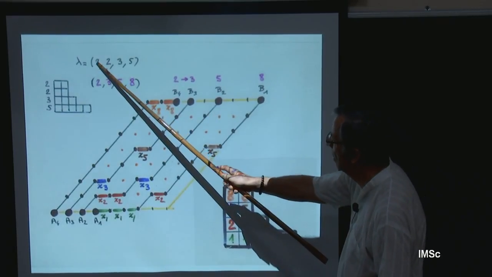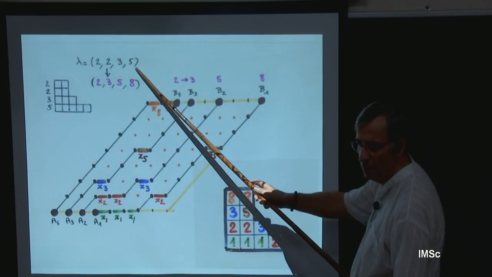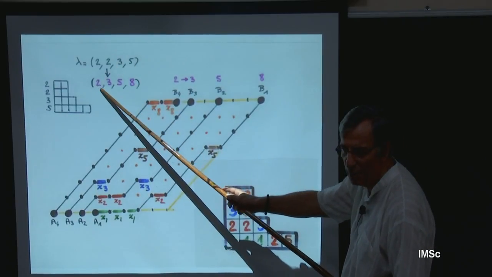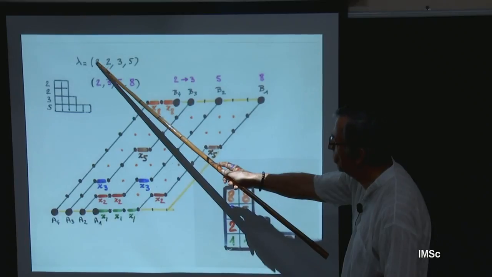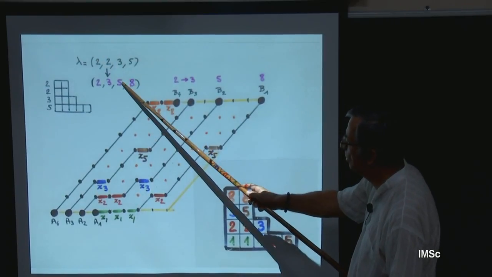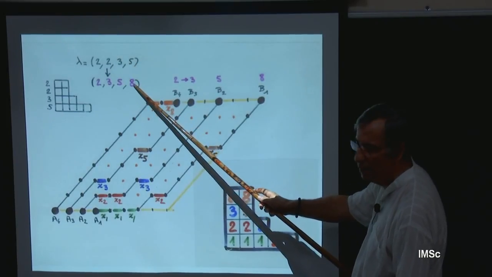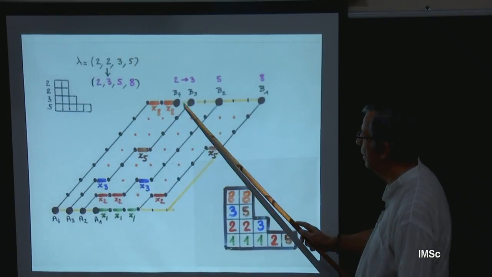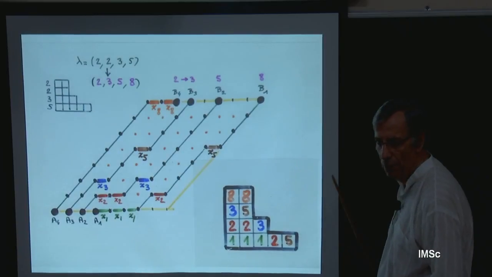So from this weakly increasing sequence, as usual, you associate a strictly increasing sequence. You keep the 2. You add 1 to the 2 gives 3. You add 2, 3 plus 2 equals 5. 5 plus 3 equals 8. So 2, 3, 5, 8 are exactly the coordinates of the ending points of the paths.